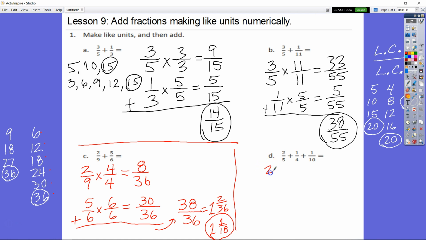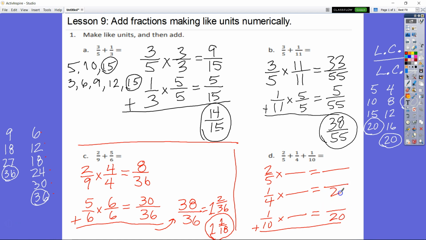Now I have 2/5, 1/4, and 1/10. I'm going to add those up. I know that I'm going to have to multiply by some version of 1. It's going to be a fraction form of 1. Anything over itself is equal to 1. And when I do that, it's going to give me a denominator of 20.